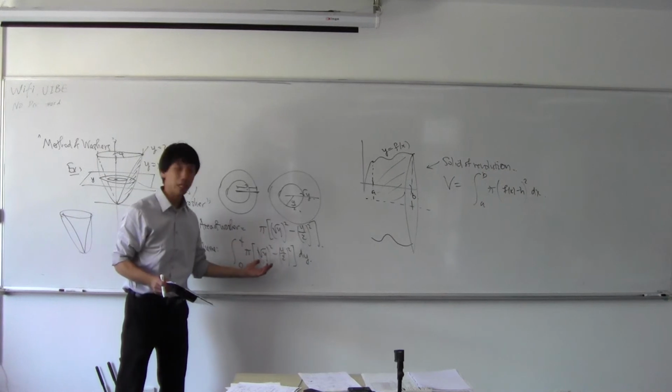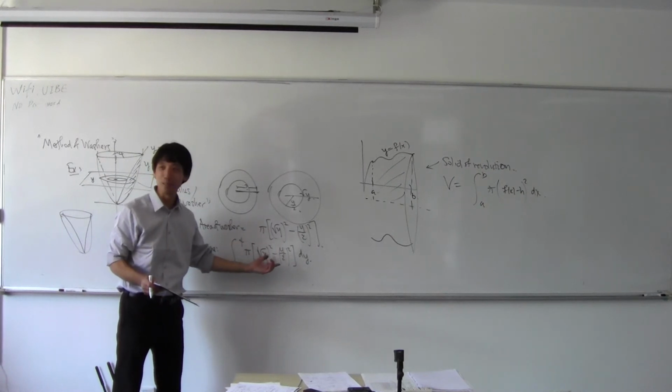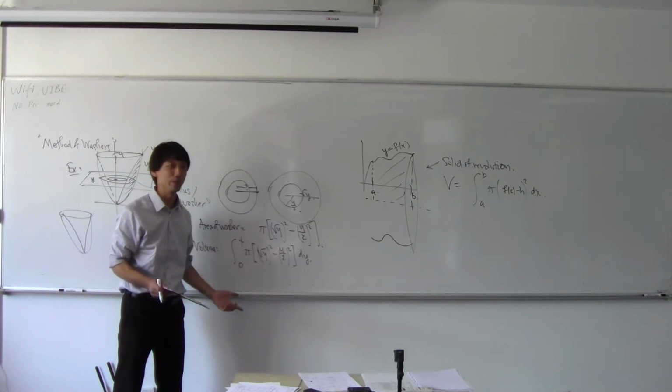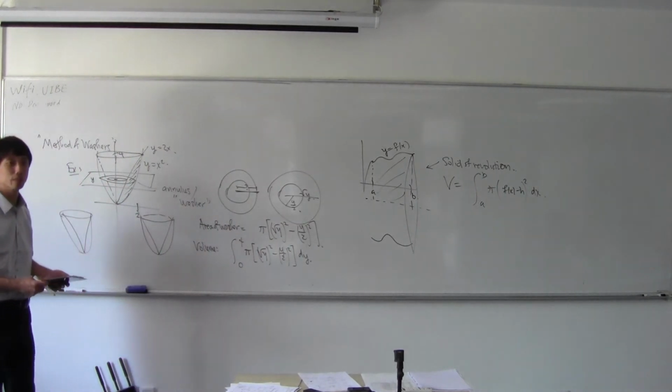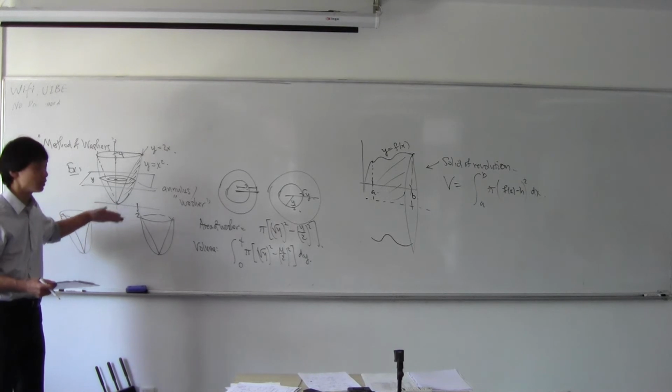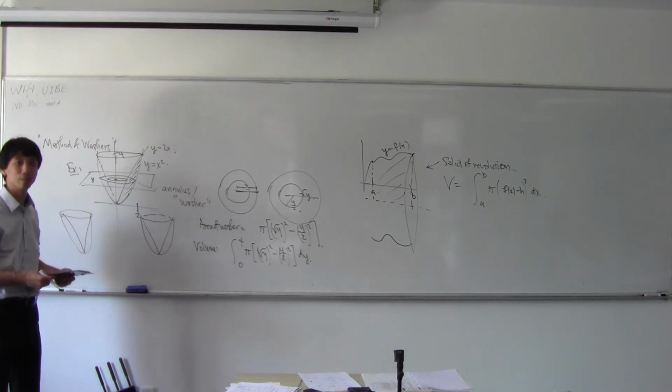So you could do it that way, or you could do it this way. In fact, it's the same way. It's not all that different. Method of washers is just method of disks applied twice. Any questions?